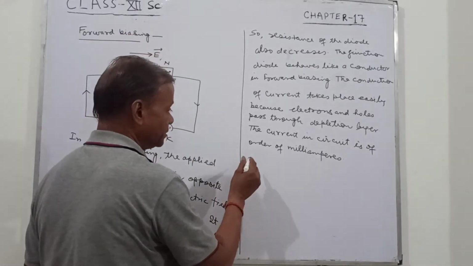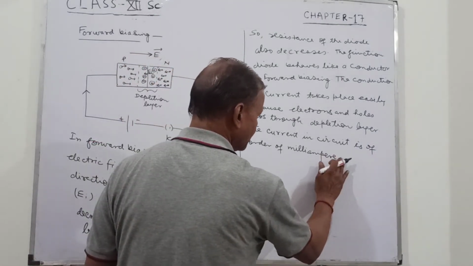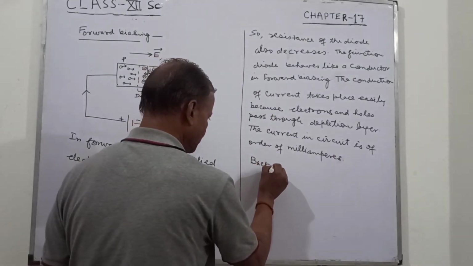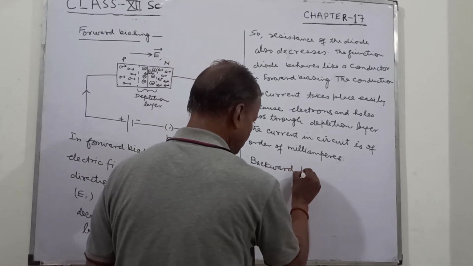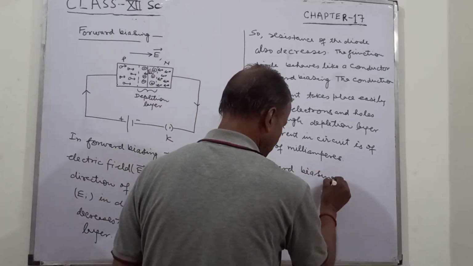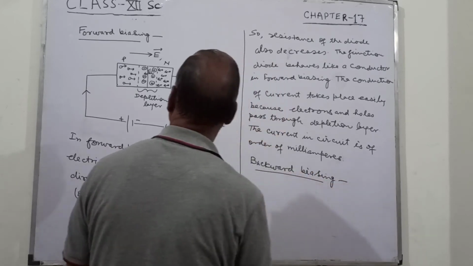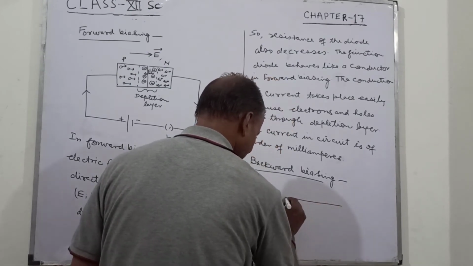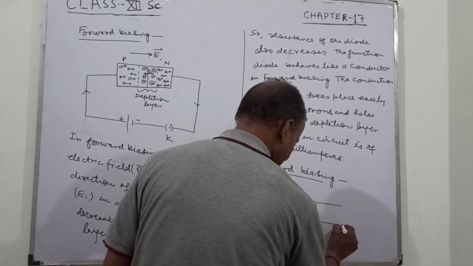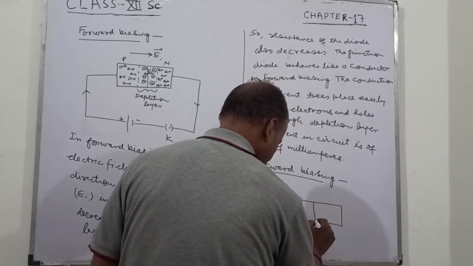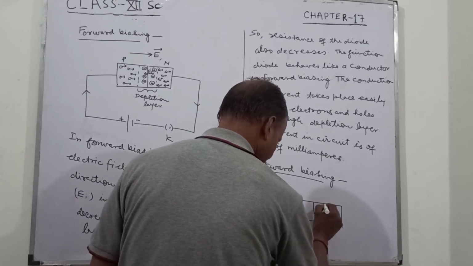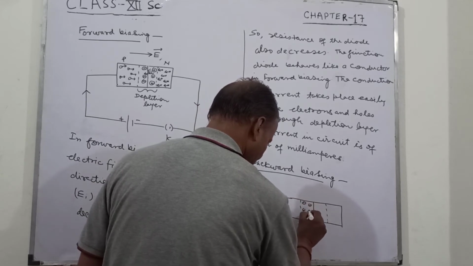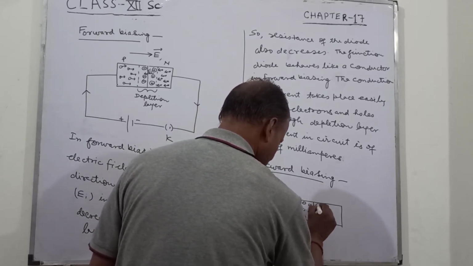Now I take the backward biasing. What happens in backward biasing, when we have this crystal, this is the depletion layer, then this increases like this. Here we have the positive ions.